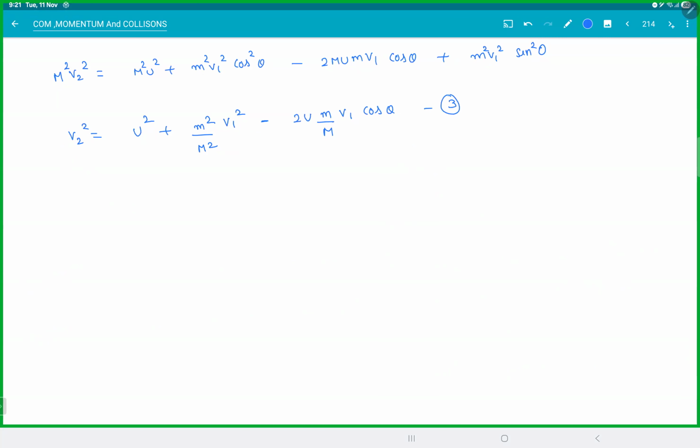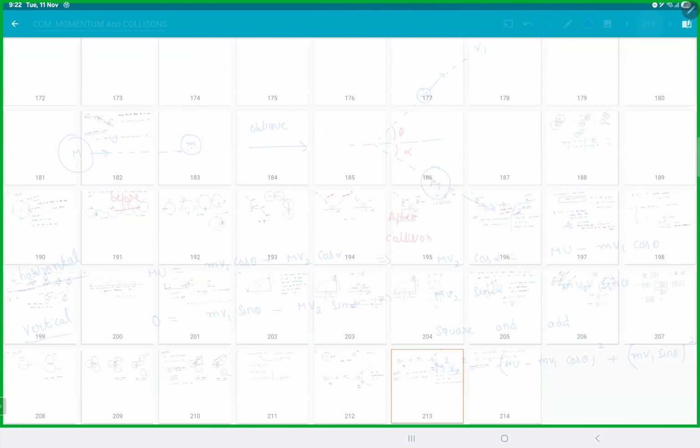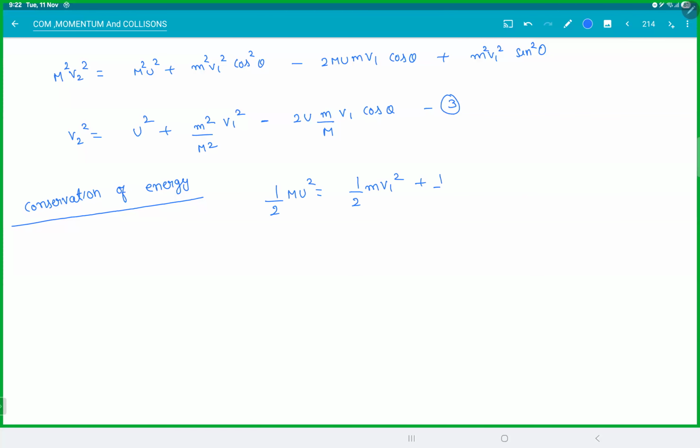Next thing, conservation of energy. Again, remember we are trying to find that cos theta there. What is initial energy? Half m u square will be equal to half m v1 square plus half capital M v2 square. So I can eliminate my v2 there, right?